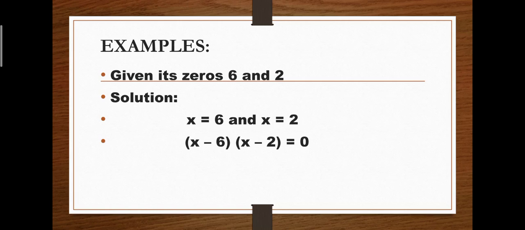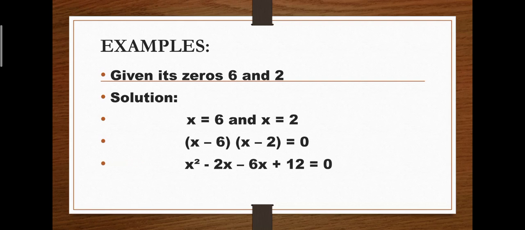So, ito namang 2, we will transpose the left side. So, from positive 2, magiging negative 2 siya. Kaya naging x minus 2. Then don't forget to put equals 0. So, the quantity of x minus 6 times the quantity of x minus 2 is equal to 0.